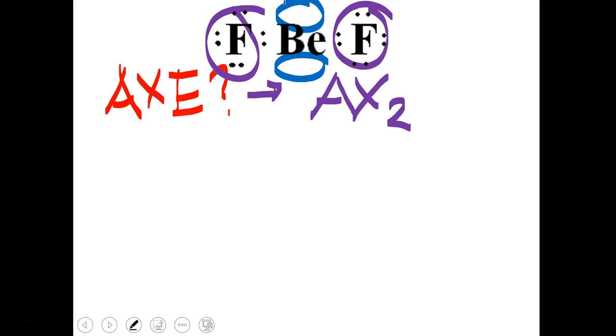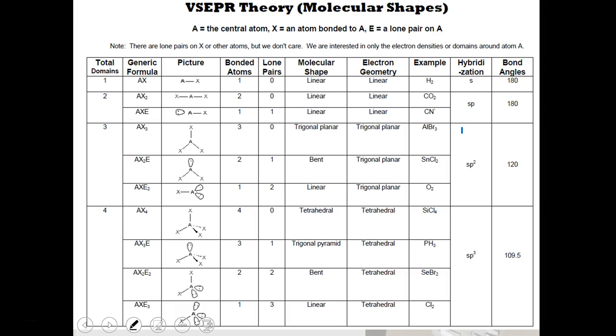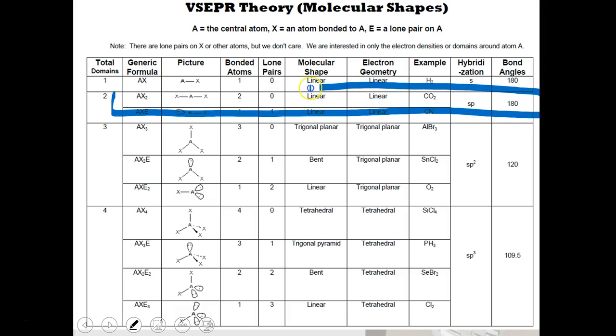If you look, there are no electron pairs. So what do you write here? Nothing. It is just AX2. So take a look at your table here, and find AX2. Hopefully you found it right there at the top.